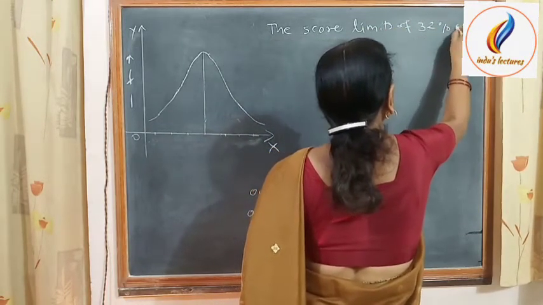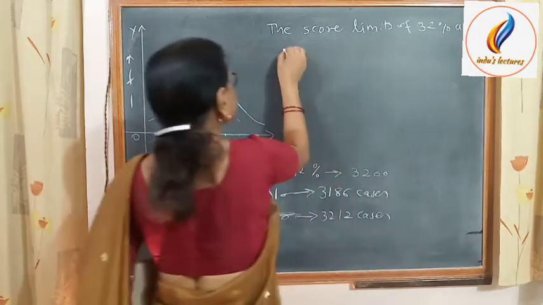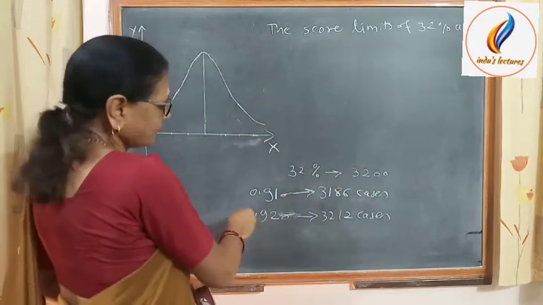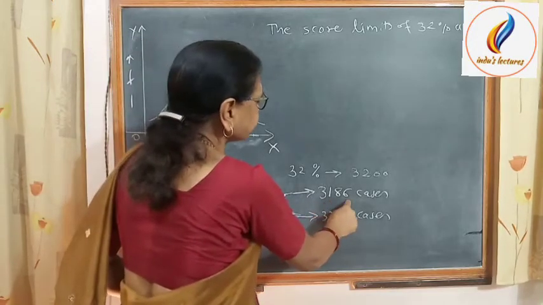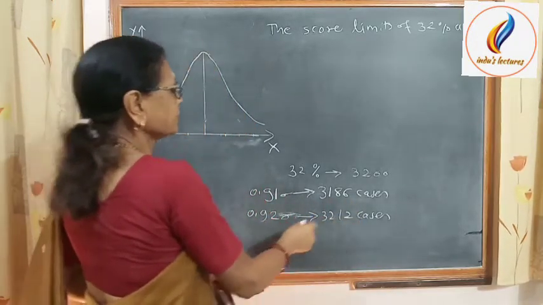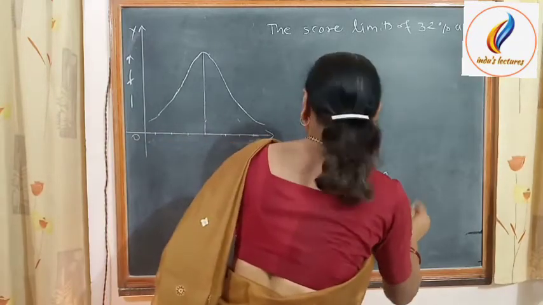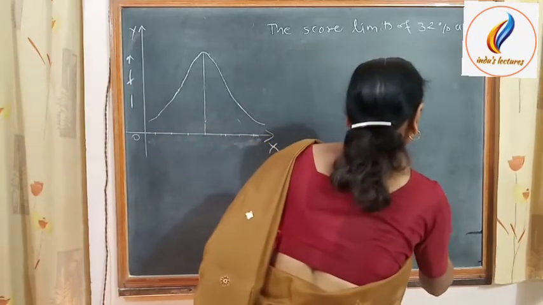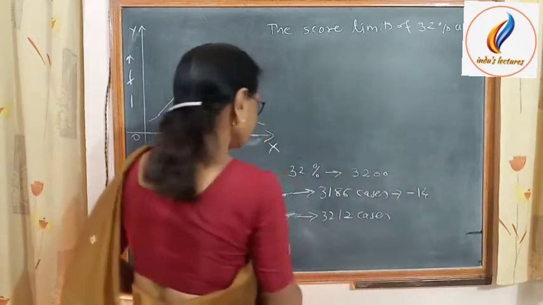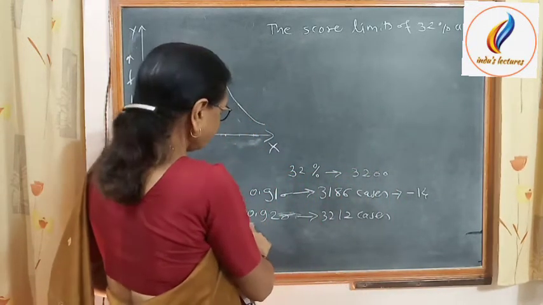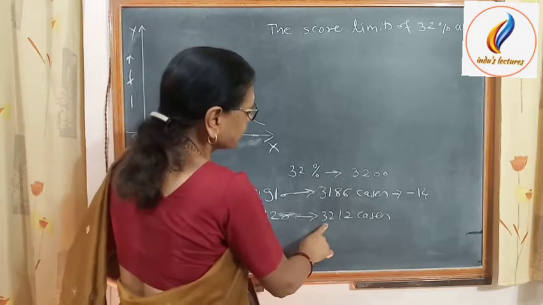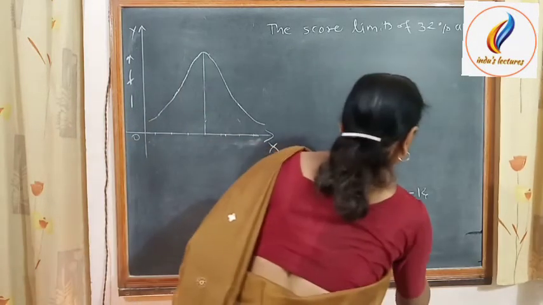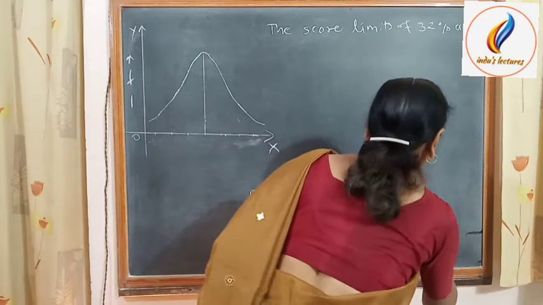Between mean and 0.91 sigma there are 3,186 cases, which is minus 14 cases, and between mean and 0.92 sigma there are 3,212 cases, which is a difference of plus 12.